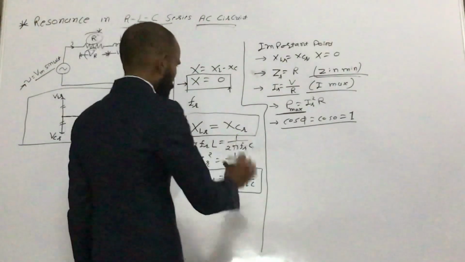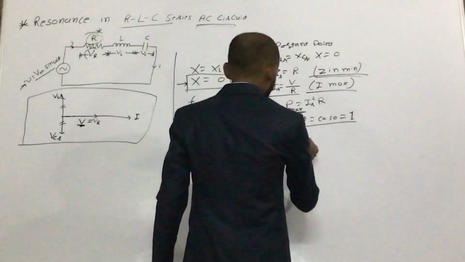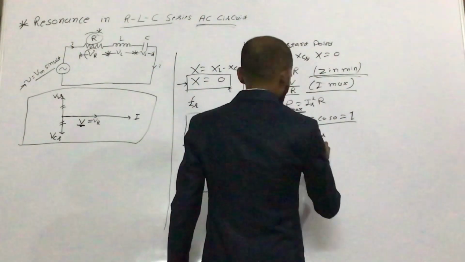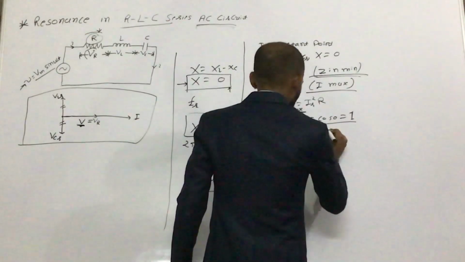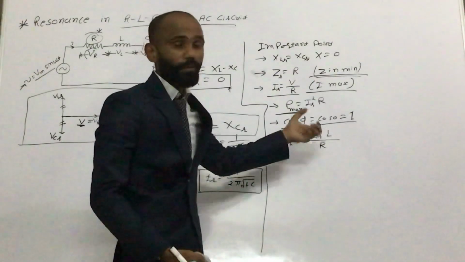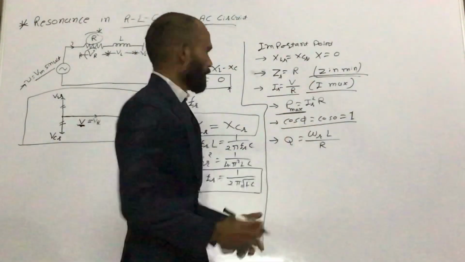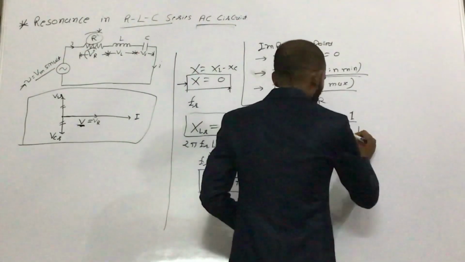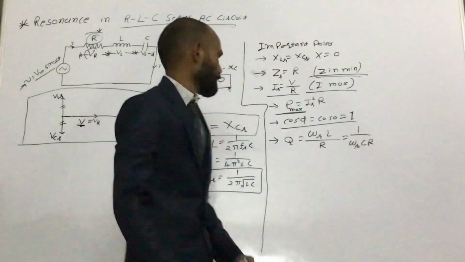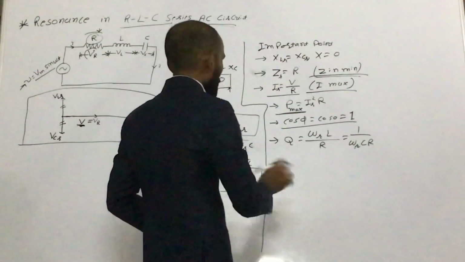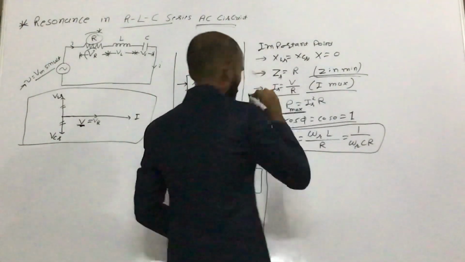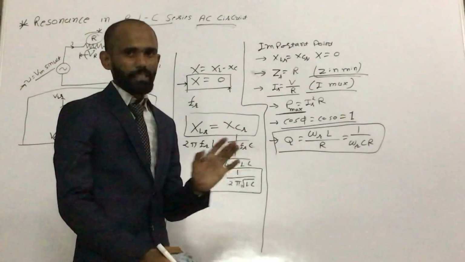Okay, and another important point: the quality factor Q is given by omega R into L divided by R. Here omega R means the angular frequency at resonance, or it is also given by 1 upon omega R CR. Now how can we obtain this? We know this quality factor is obtained by using voltage magnification in the RLC series circuit.